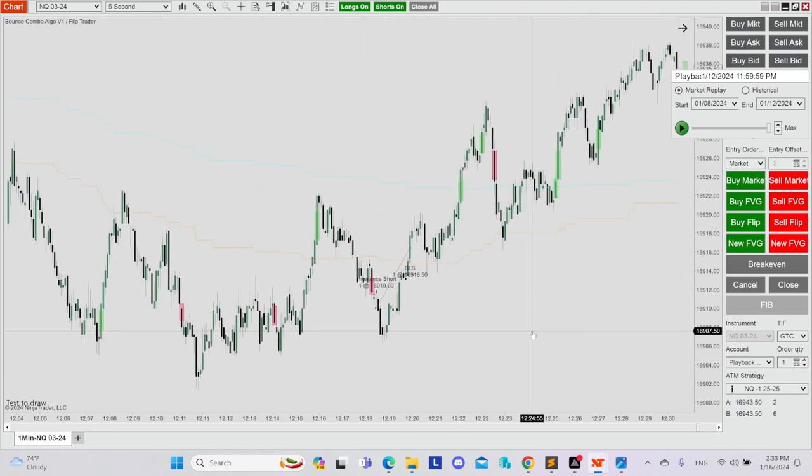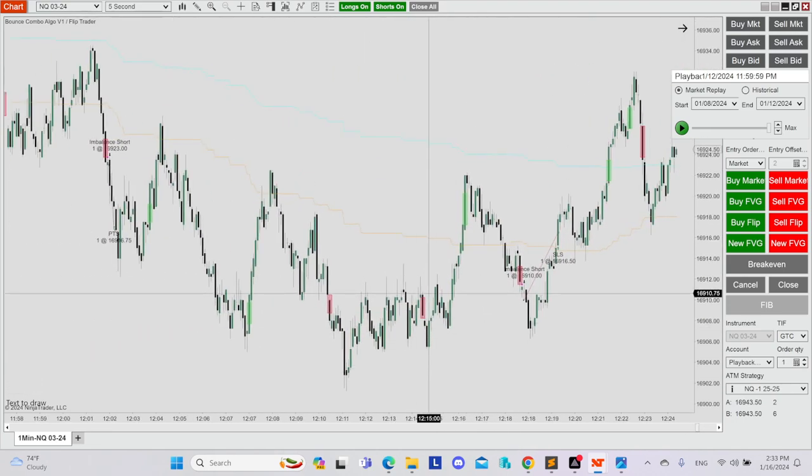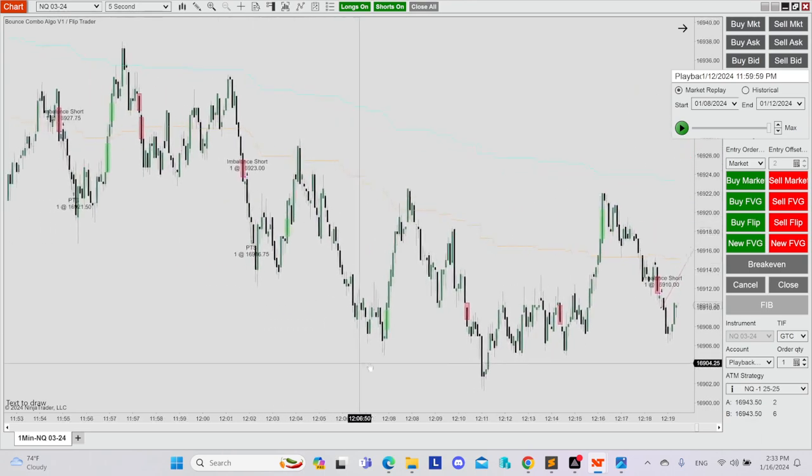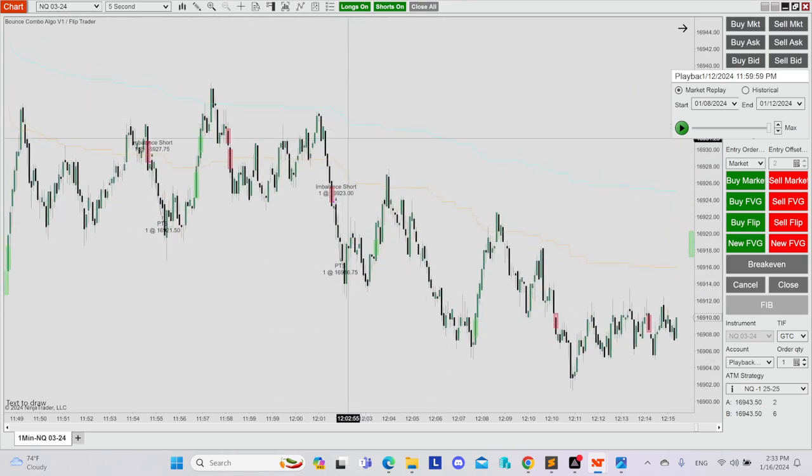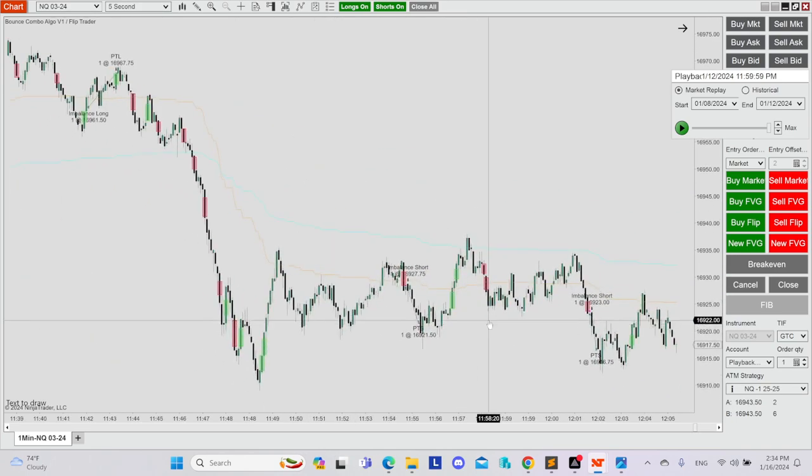Like I said, there is still room for improvement, and I already have some ideas. This one didn't work out. I think it almost hit the target, but not quite. Same as here. Entered here, profit target here, entered here, profit target here.